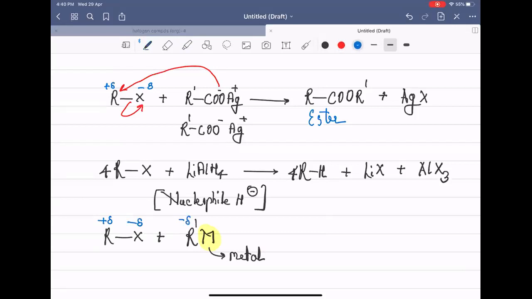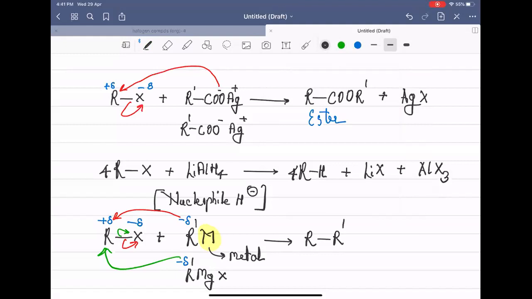The same happens when you take a Grignard, R dash MgX. Again, even in Grignard, this is minus. So you can have the minus connecting here, or this minus connecting here. In either case, the product formed is R-R dash. This is your major product.